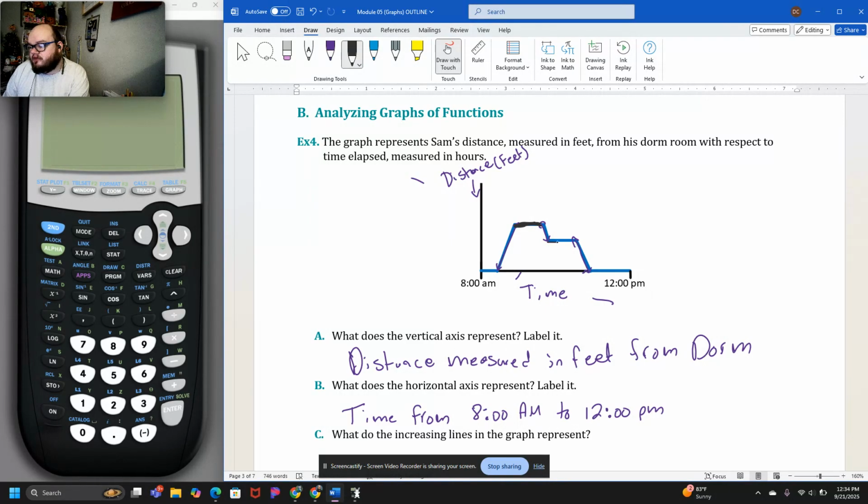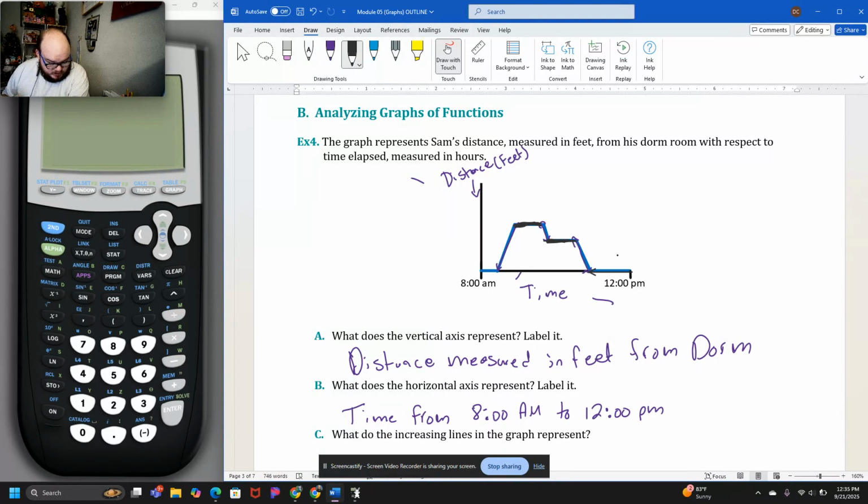Then maybe after class he's gone to the cafeteria, and the cafeteria is this far from his dorm room, and he's sat down with his friends to eat. Okay, so his distance is constant. He's this far away from his dorm room this entire time eating his dinner, and this entire time in class. Okay, and then here it just represents that he's what? He's back at his dorm room. Okay, he's back at his dorm room starting here.